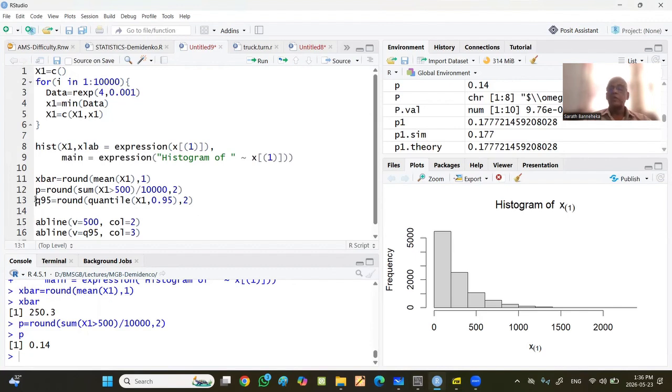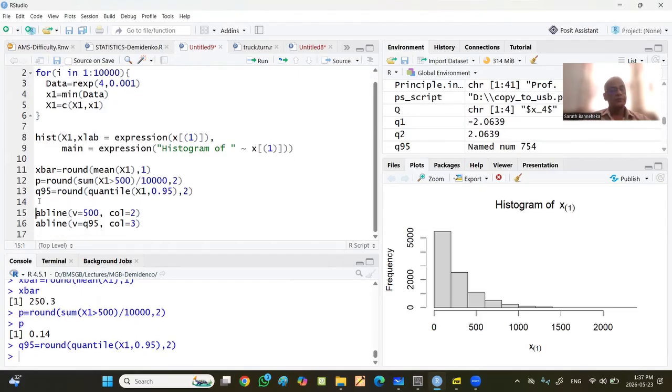So Q95, I'll call it label. Q95 is equal to, first find the quantile of x1, the 95th quantile, and then round it to 2 decimal places. So let's find out what this value is. 754.2. So that means 95% of these products' lifetimes will be less than or equal to 754 hours.